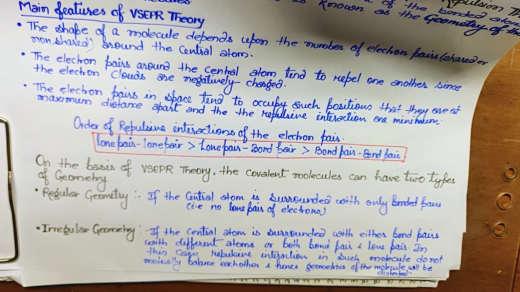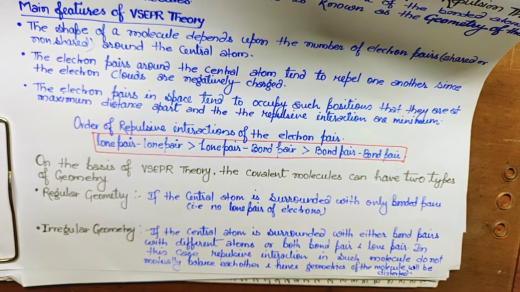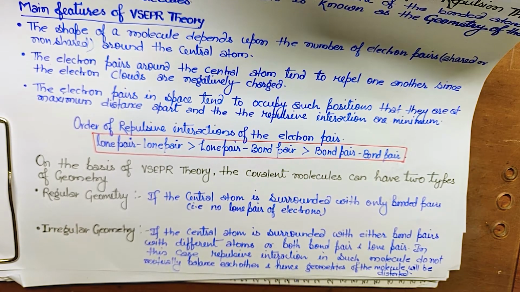Why will it be different? Because of electron pair repulsion. If they are not the same, they will not be able to mutually balance each other, and due to that the geometry of the molecule will be distorted.